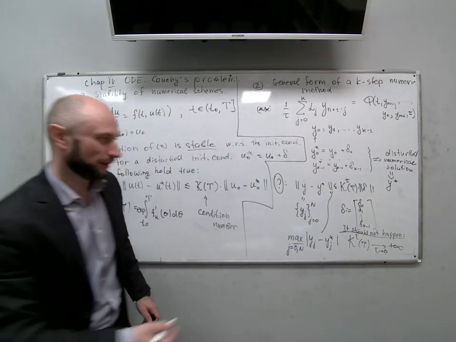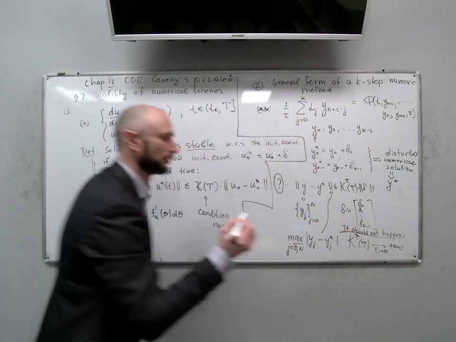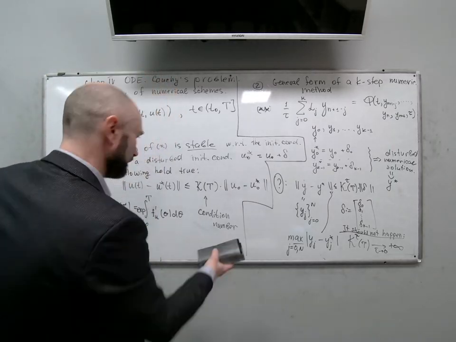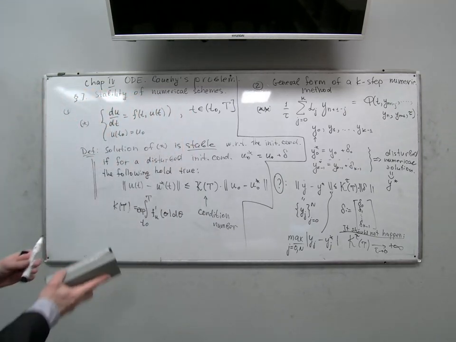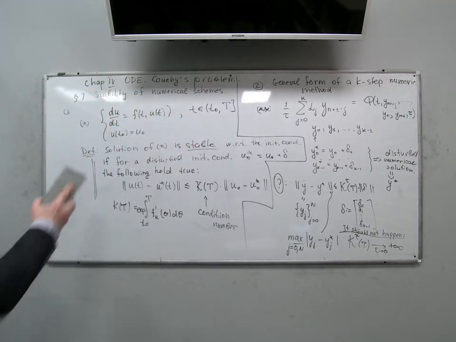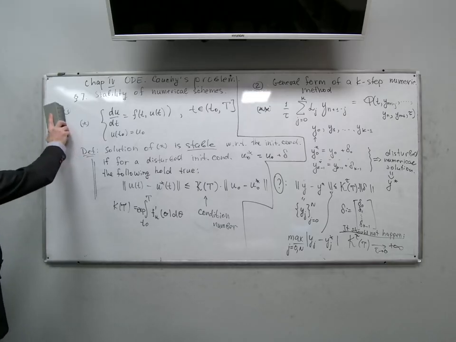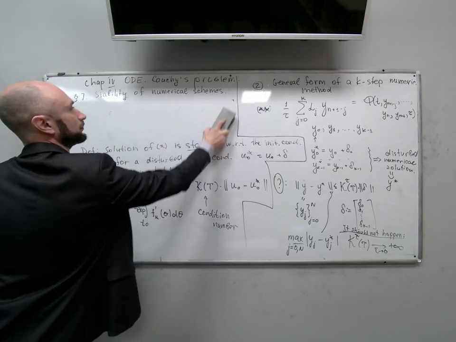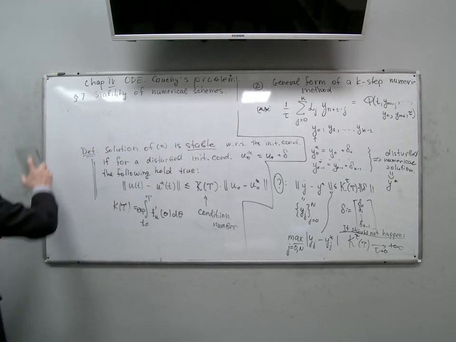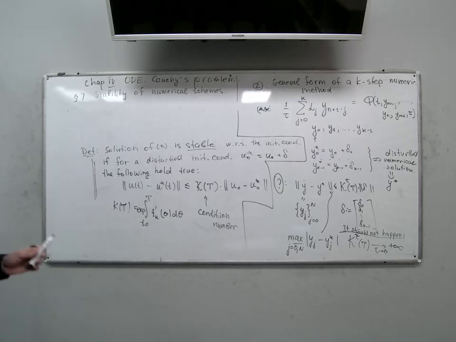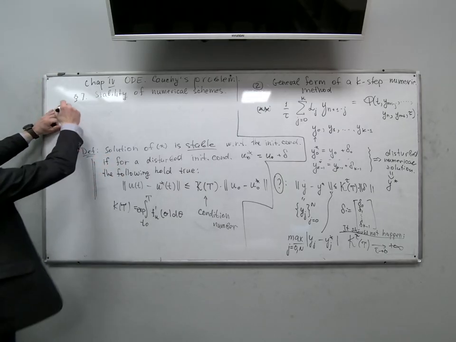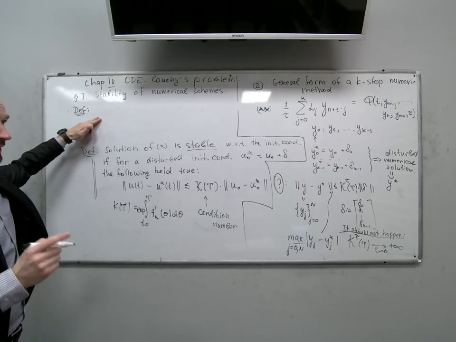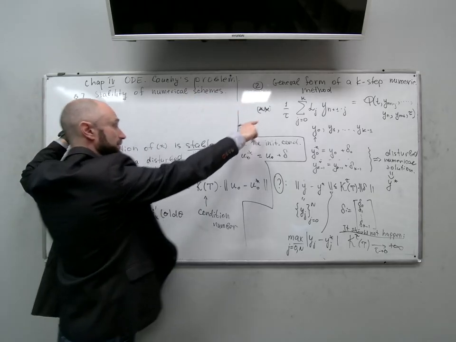This shouldn't happen, actually. That's why we will define stability of the numerical solution as follows. I will delete the original problem. Hopefully, everyone remembers it already. And I will keep this for a moment. Definition of the stability of the numerical scheme.